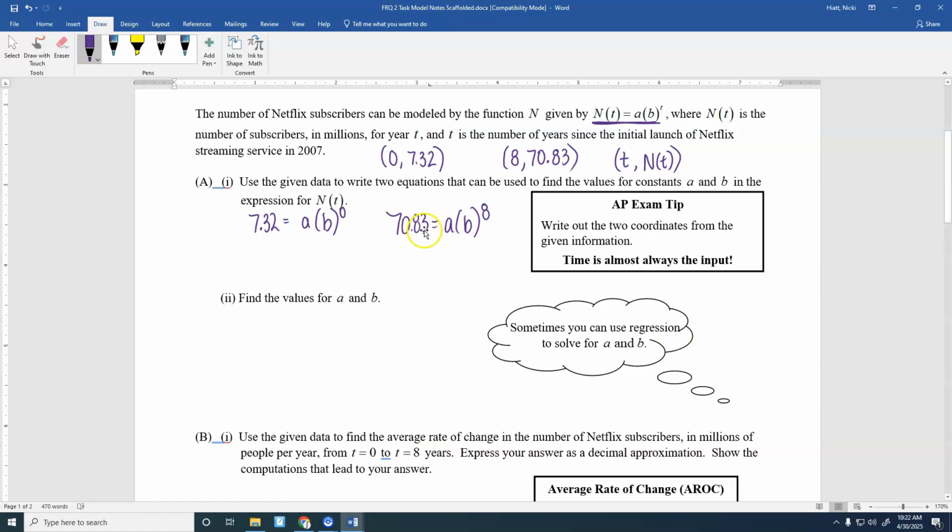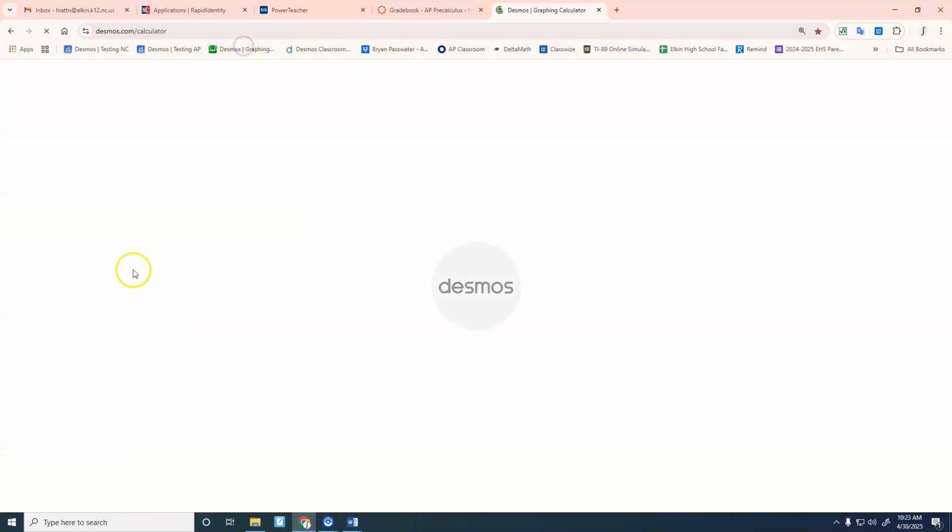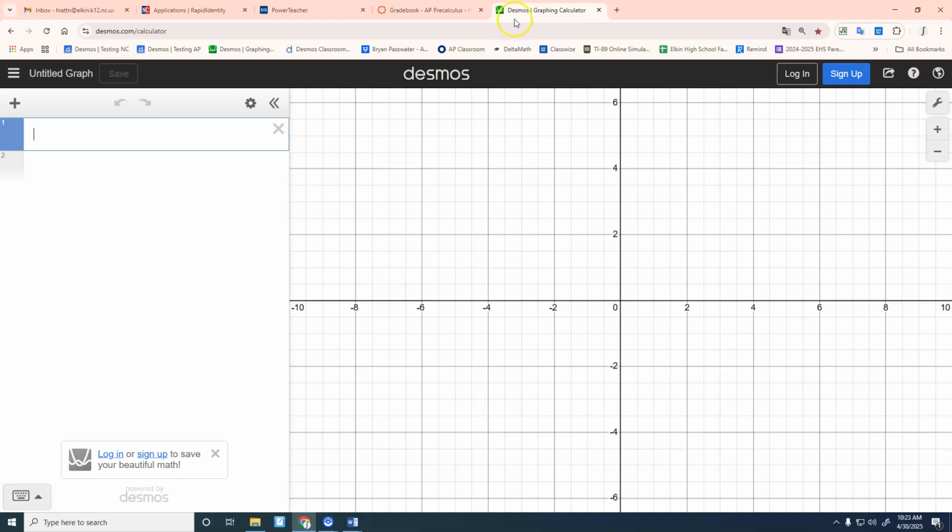This one is a programmed regression, so you can use it if you want. It might be safest to not, so that if you get one that is not a programmed regression, you know what to do. So whenever you put this into Desmos, you are just going to do a table.